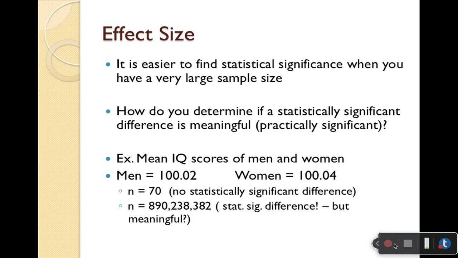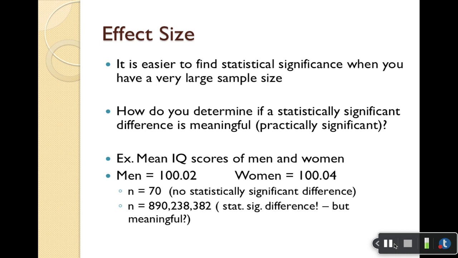However, if you have a gigantic sample size, so things with standardized testing where we're collecting large amounts of data, even the slightest difference in those two means is going to turn out to be statistically significant. But the real question is, is it considered meaningful or is it of practical significance?